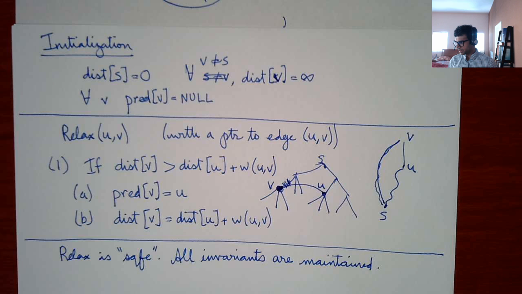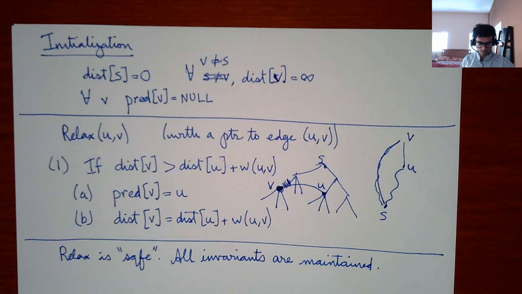Questions? There's a raised hand. Yeah, so you can just keep doing relax recursively for all of them until you get the predecessor from s to v, right? You can just get the answer like that. I mean, the shortest path. There's no recursion here, right? Relax is just an operation. Yeah, but if you keep calling it recursively for every weight from s to v.